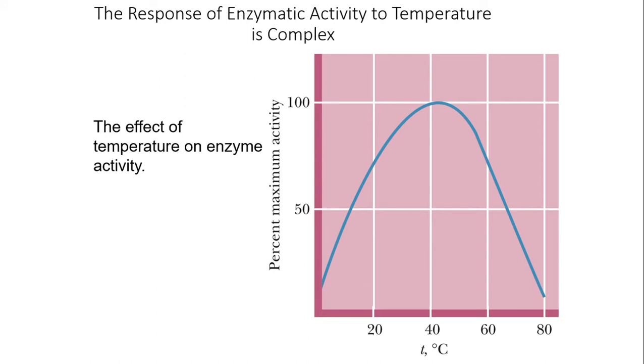Enzymes are also temperature sensitive. Rates of enzyme catalyzed reactions generally increase when increasing temperature. However, above 50 to 60 degrees, enzyme activity declines. So we have function at lower temperatures.